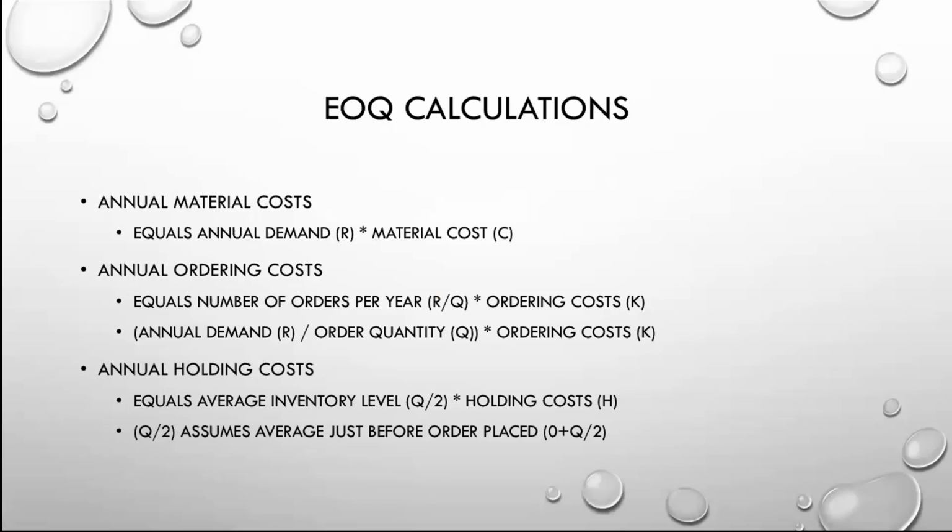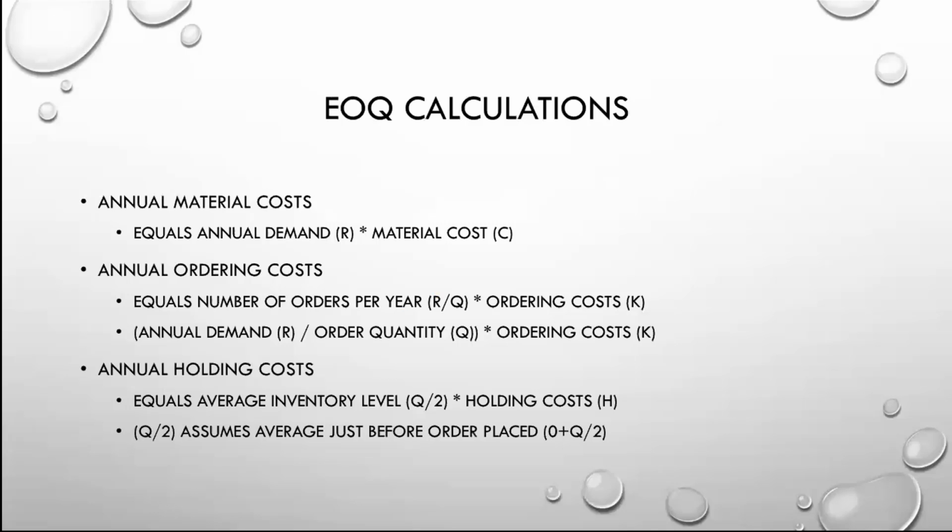Your annual ordering cost is D divided by Q, which is your number of orders per year. The number of orders per year is very simple: the annual demand for your product divided by the order quantity. So if your demand is 10,000 and each of your quantities ordered is 1,000, you order 10 times, times your ordering costs.